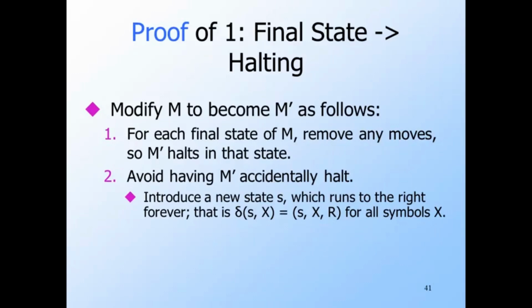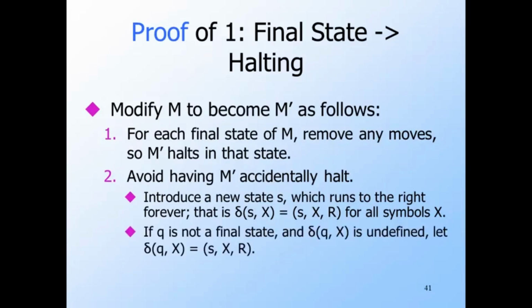Thus, M prime will always have a next move in state S. Eventually, it will get to the infinity of blanks to the right on the tape and look at them one at a time. And to make sure M prime doesn't halt accidentally, whenever delta of q and X is undefined for M, and q is not a final state, we'll have M prime enter the state S.